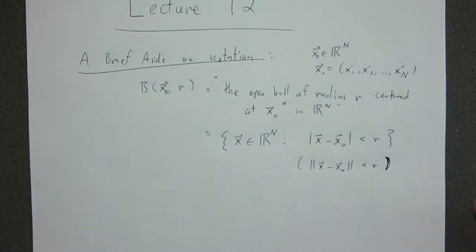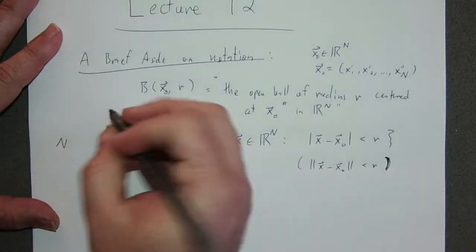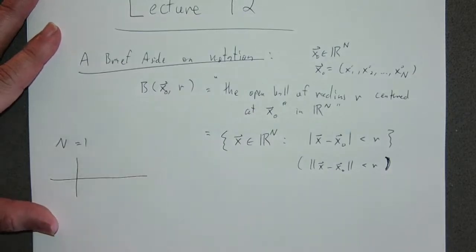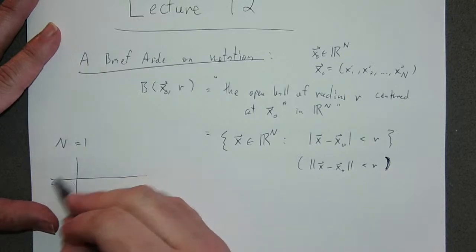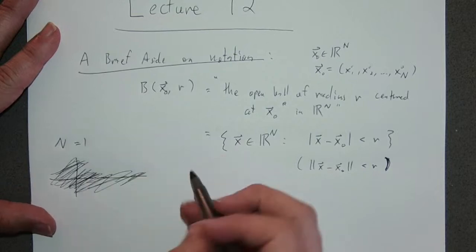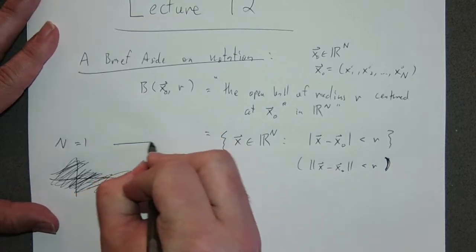So what does this thing look like? If n is equal to 1, I have a real line.